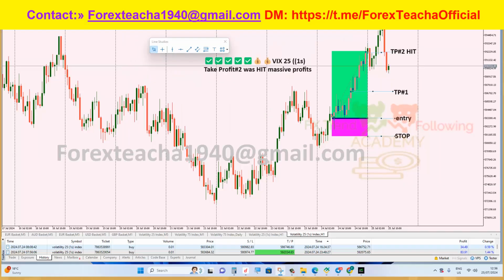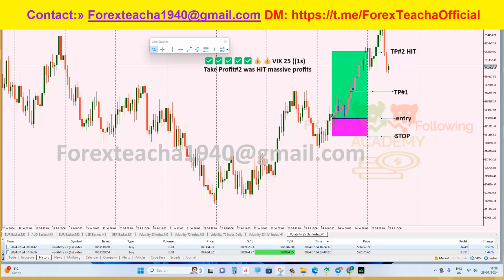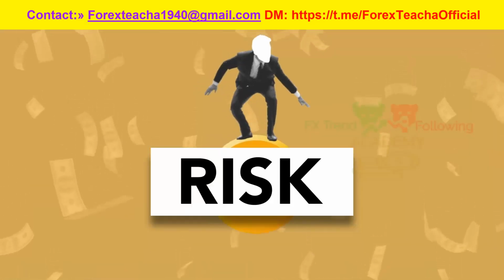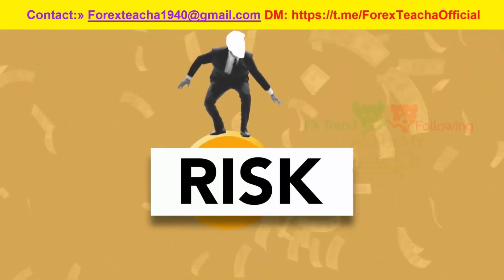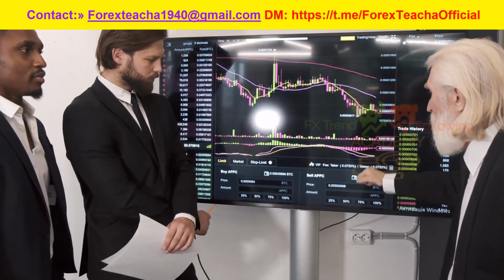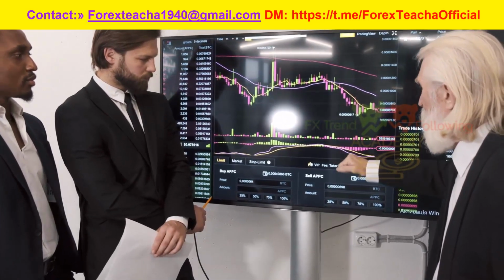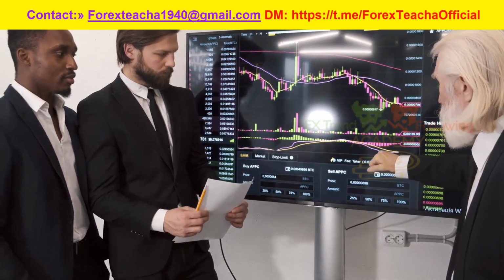And by now, take profit number 2 has been hit, and this is a massive trade. I'm also going to show just the screenshot right now, and I just want to share with you guys the whole process, how to analyze, how to trade volatility 25 1S index in particular for this video. But the strategy can be used to trade all the other indices, and it also can be used to trade forex. So make sure to watch this video.